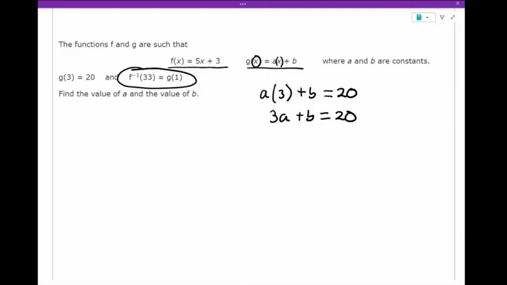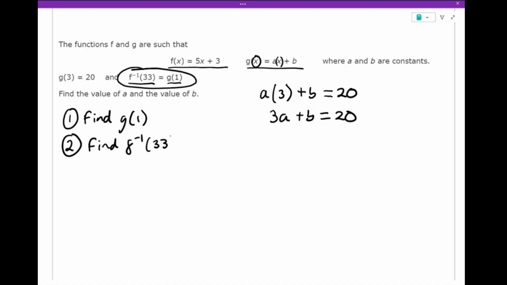So what we have to do is find the inverse of 33, find g of 1, and we're going to have to equate them. Step 1 is to find g of 1. Step 2 is to find the inverse of 33. However, to do that, I have to find the inverse of f of x first. So my step 2 is actually to find the inverse of f of x.